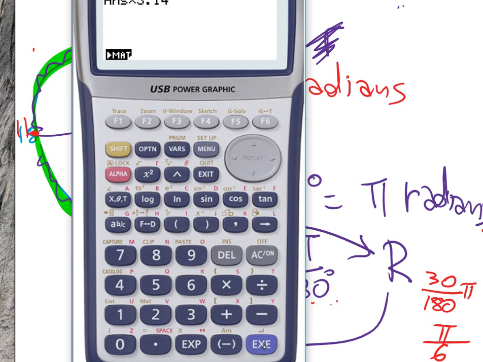So 30 degrees is actually 0.52 radians. Please remember that.